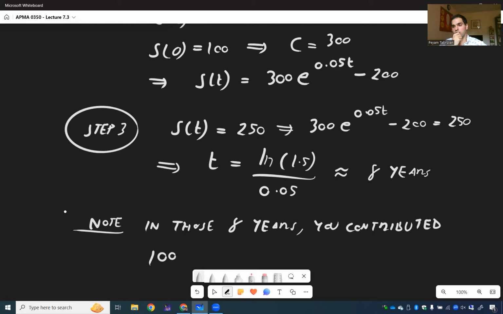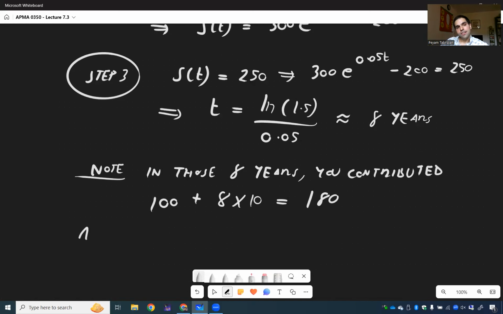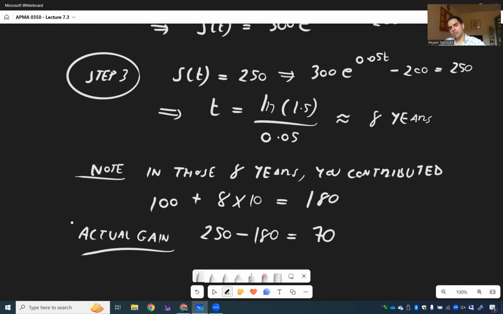Well, we had the $100, and then every year you contribute $10. So you actually contributed $180. So the actual gain is just $70, which is 250 minus 180, which is $70.